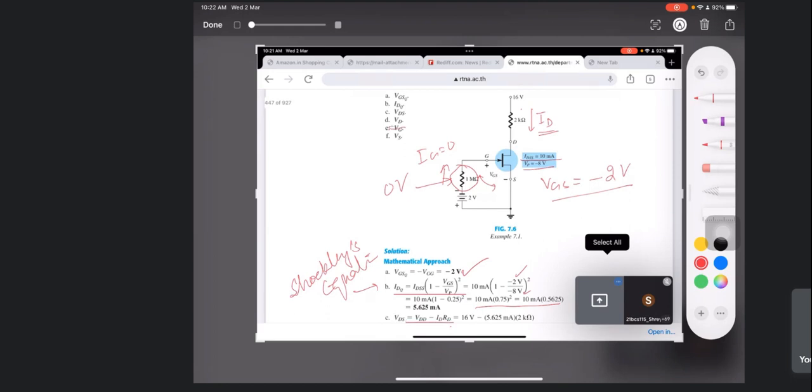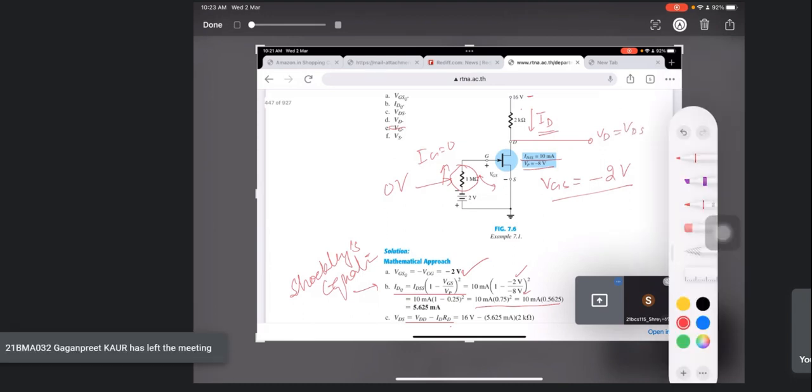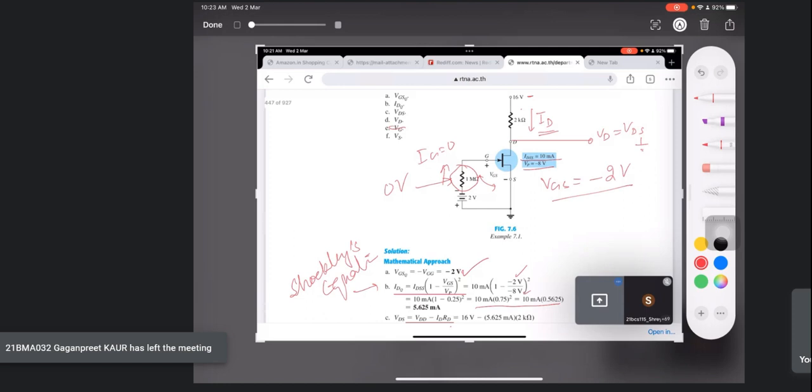Okay, what is VD? What is this voltage? This VD is equal to VDS because this source is at ground. So whatever is the VDS, that is equal to VD also.